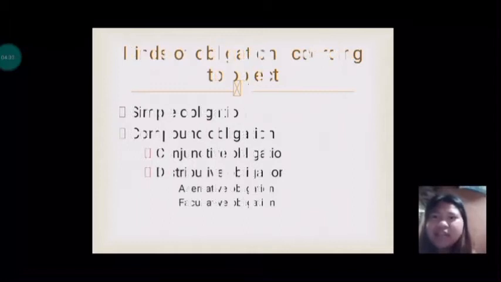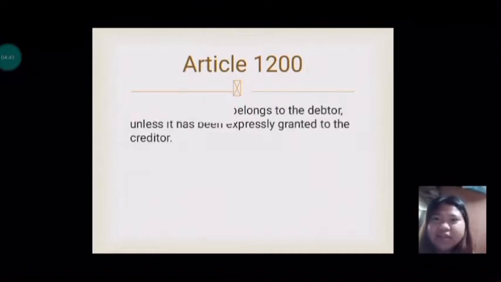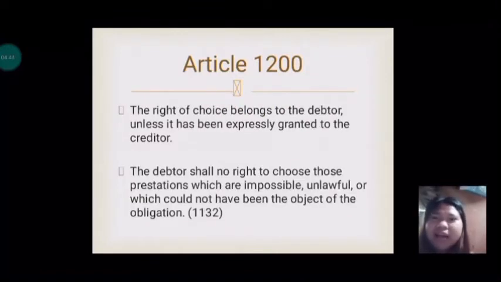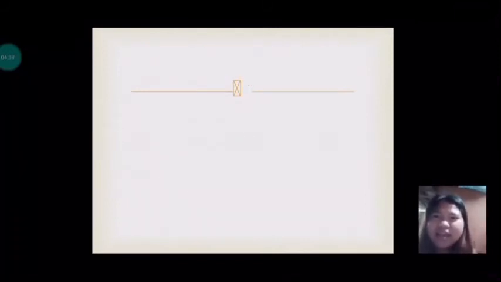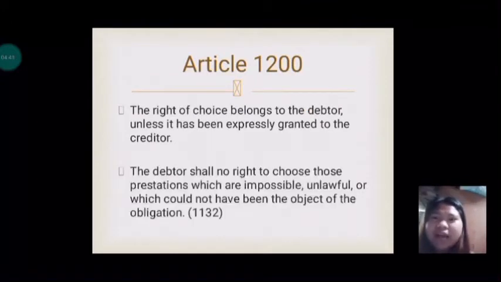So next is Article 1200. It states that the right of choice belongs to the debtor unless it has been expressly granted to the creditor.